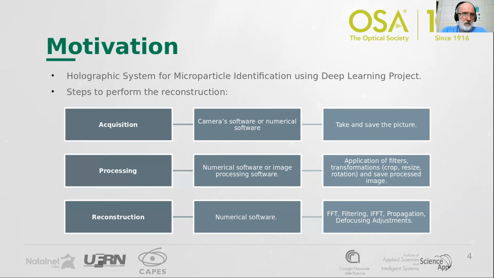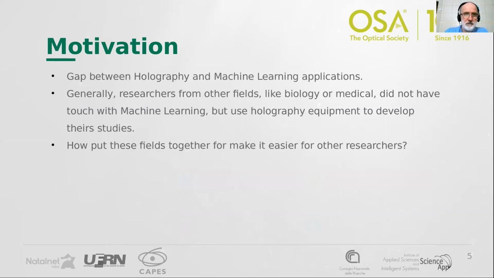And then again, we have to store these images. And then we have the reconstruction that is done by numerical software. In this case, we use FFT or filtering, IFFT and so on. Basically, at the end, we do some defocusing adjustments.